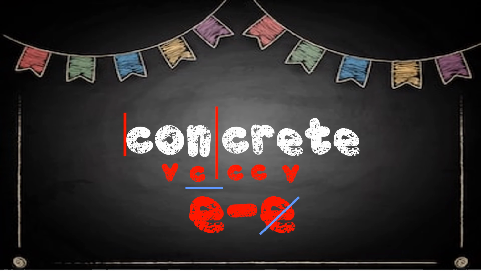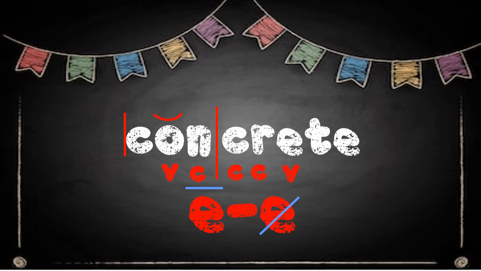Let's practice coding the first part of this word. I see that the letter C is at the beginning and it makes a K sound. So let's put a K back to remind ourselves that this word is going to say concrete. Next, I see a vowel followed by a consonant.